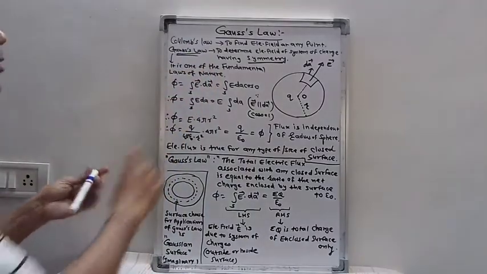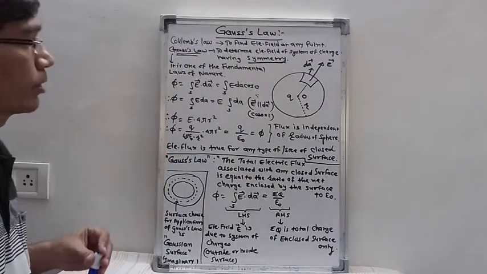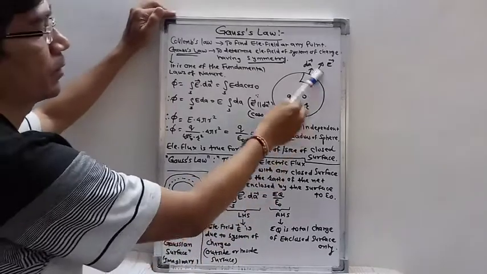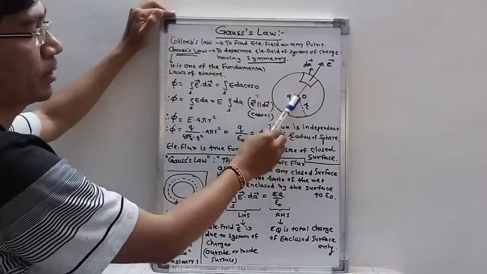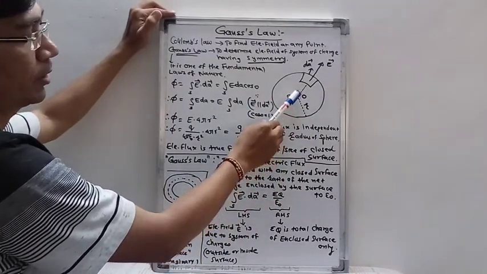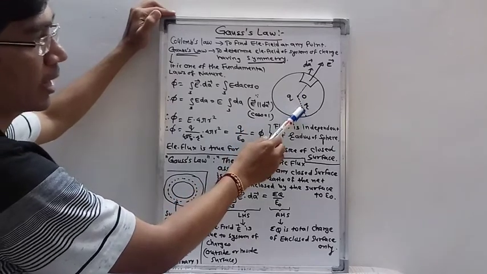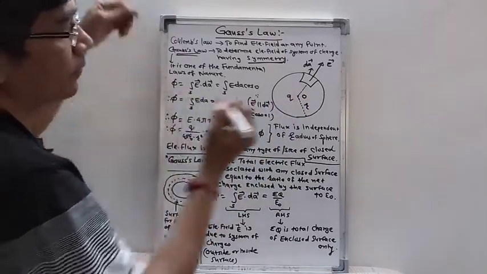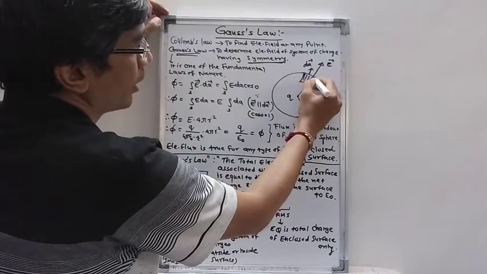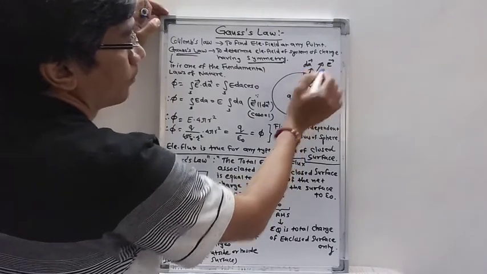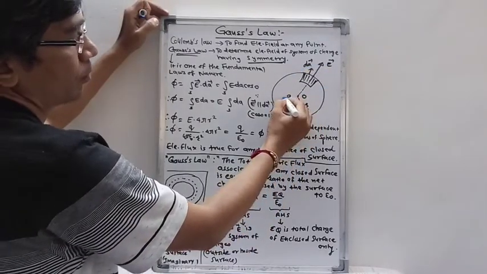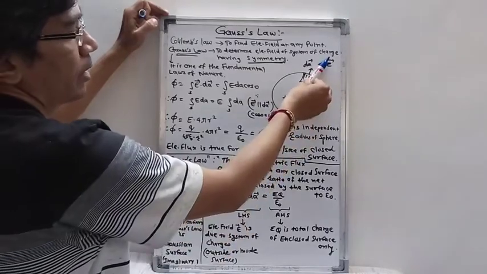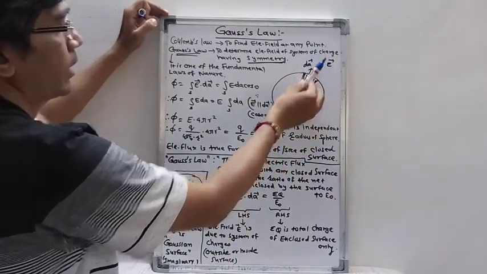It is one of the fundamental laws of nature. We can take one sphere. At the center of the sphere there is a charge q and the radius of the sphere is small r. Here we take one small unit area dA. The electric field of this plus q charge and dA are in the same direction.